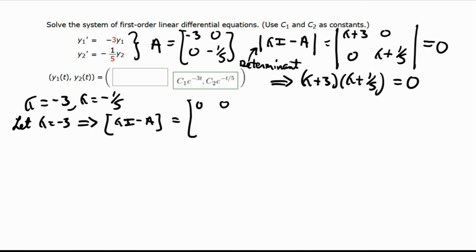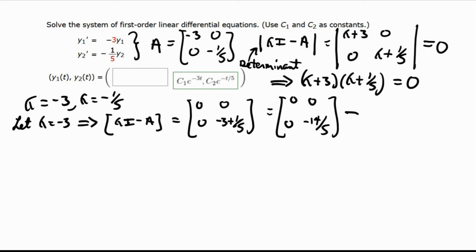We get 0 there, 0, 0, and then negative 3 plus 1/5. So we simplify. This is 0, 0, 0, and this is negative 15 plus 1, negative 14 over 5. Now we reduce this to row echelon form, so we multiply row 2 by negative 5 over 14. So we get 0, 0, 0, and 1.